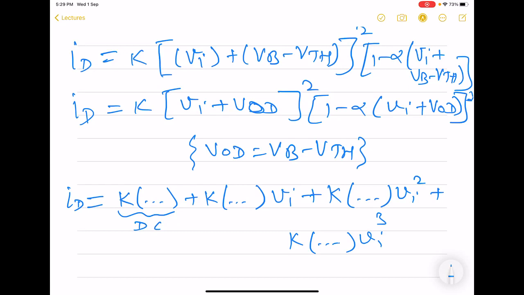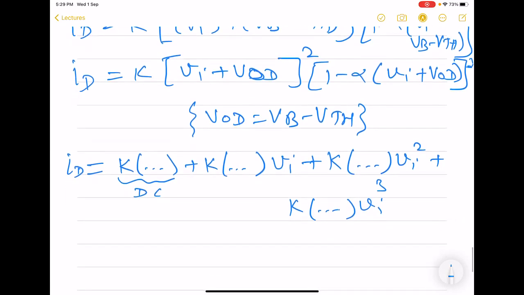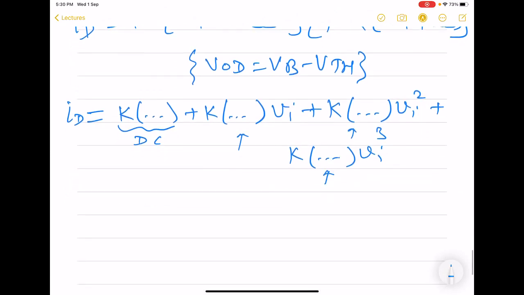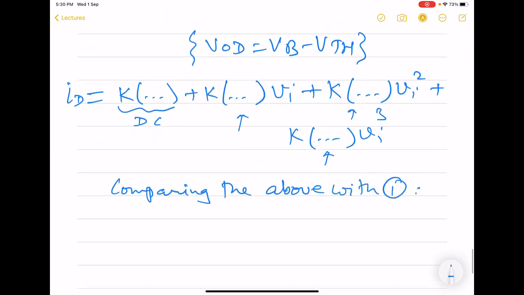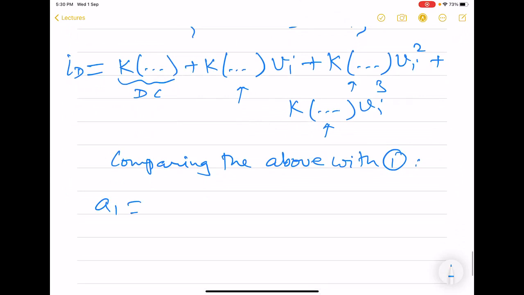Now, if you compare this expression after filling these expanded terms here with equation 1, what we will get is A1 as A into 2 minus 3 alpha VOD into VOD.